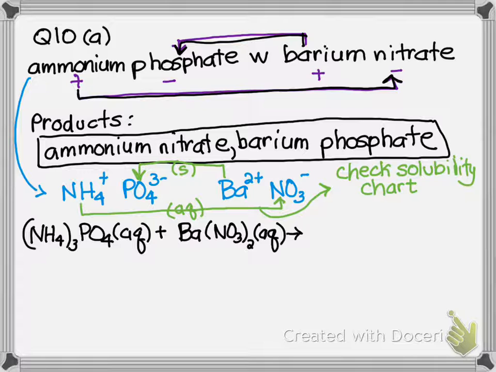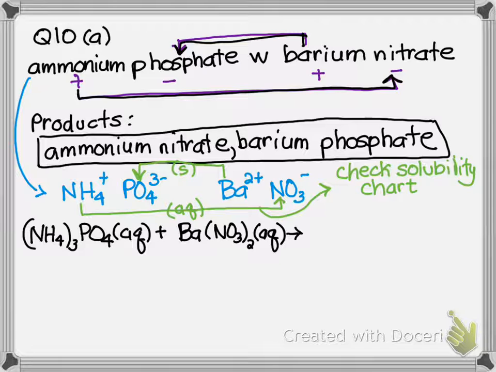That's what insoluble means. Just to give you a visual, ammonium phosphate would be a liquid and barium nitrate would be a liquid. I think they're both clear and colorless. Then you would put them together and instantaneously in the liquid a white powdery solid would form, and that solid would be the barium with the phosphate.